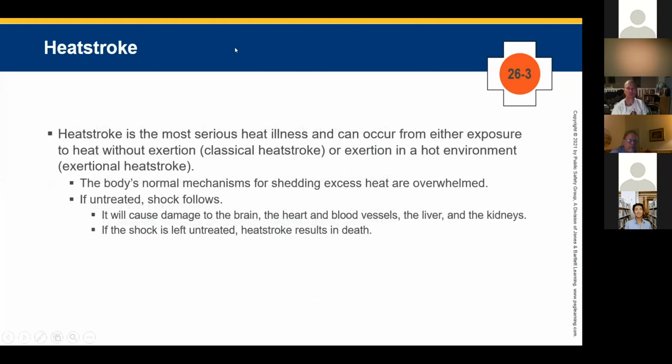Heat stroke is the most serious of heat illnesses. They can occur with or without exertion. The body normally sheds excessive heat, but here it's overwhelmed. If untreated, shock follows. Damage to the brain, the heart, and the blood vessels, the liver, and all of the main organs. Untreated heat stroke can result in death.